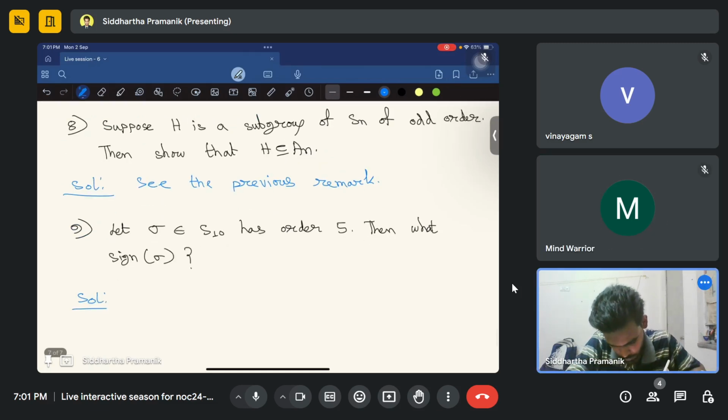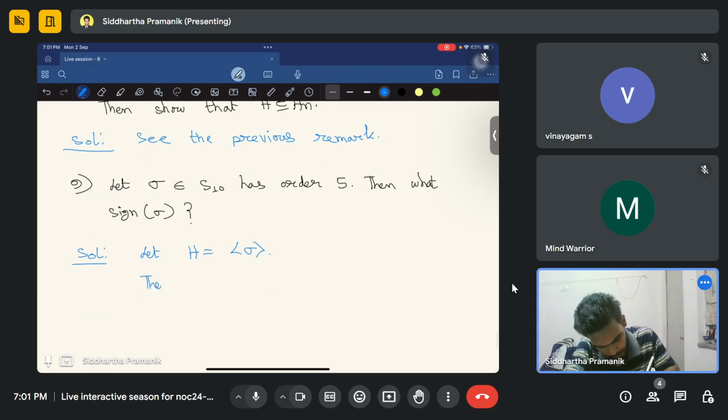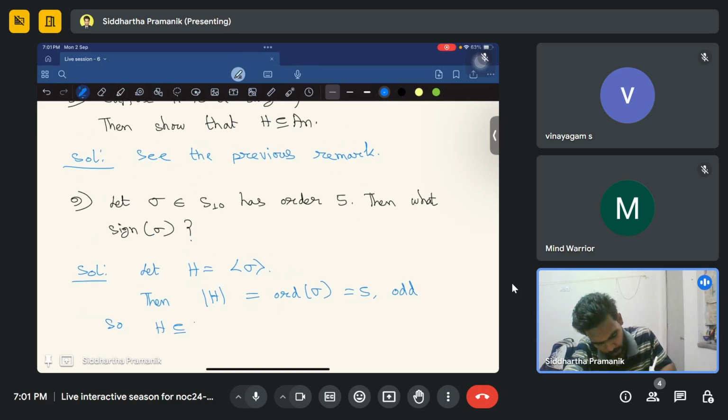Yeah, so sigma has to be an even permutation. Let me write the solution. Let H be the subgroup generated by sigma, right? Then the order of H is the same as the order of sigma, and that is 5, an odd order. So by the previous problem, H has to be a subset of An.